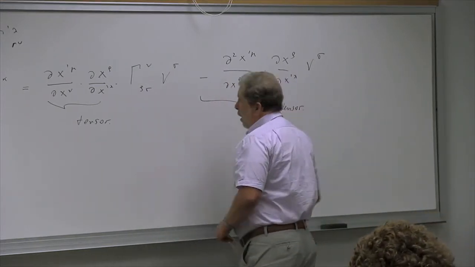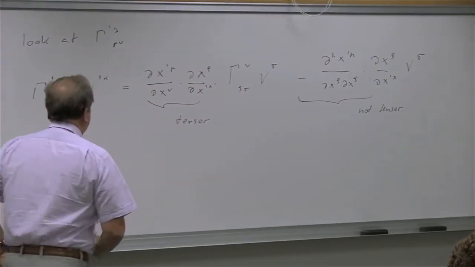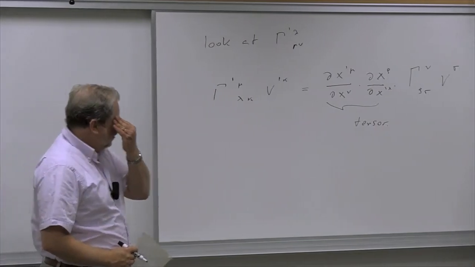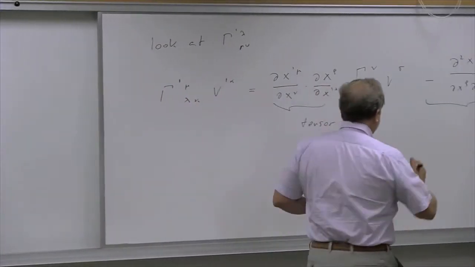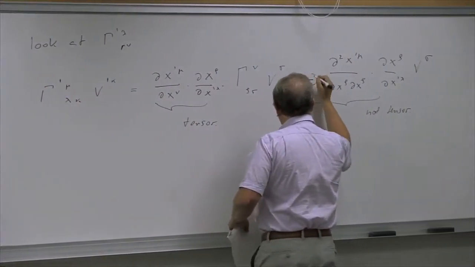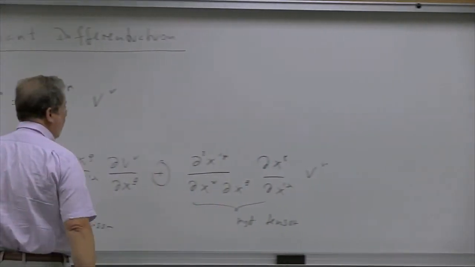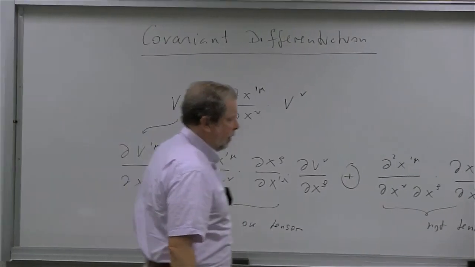And so that's again the part that makes this combination not transform like a tensor, right? But the important thing is that this piece here is actually the same piece that we have over on this side, except it comes with the opposite sign.